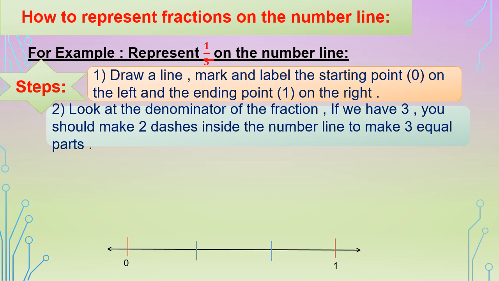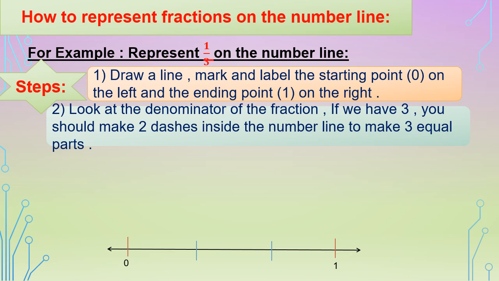Another example. When the denominator is 5, how many dashes will we need to split the number line into 5 equal parts? Subtract 1 from the denominator, so we will need 4 dashes.